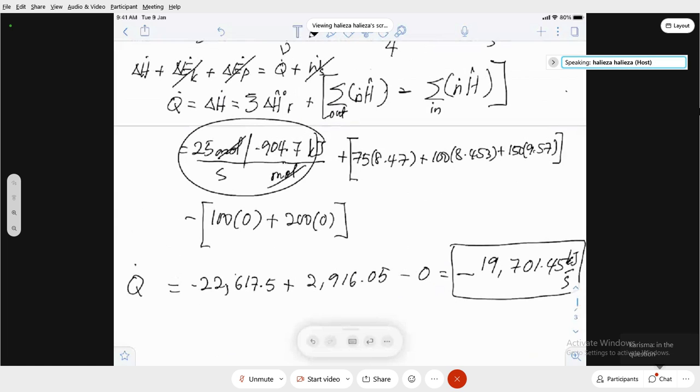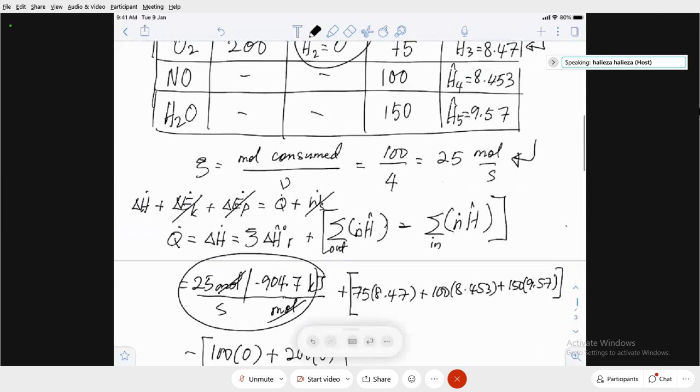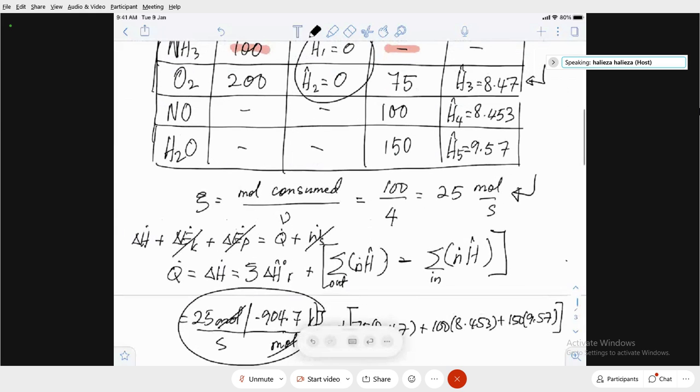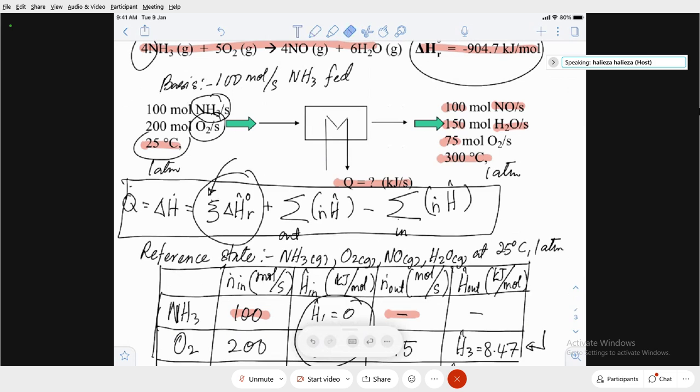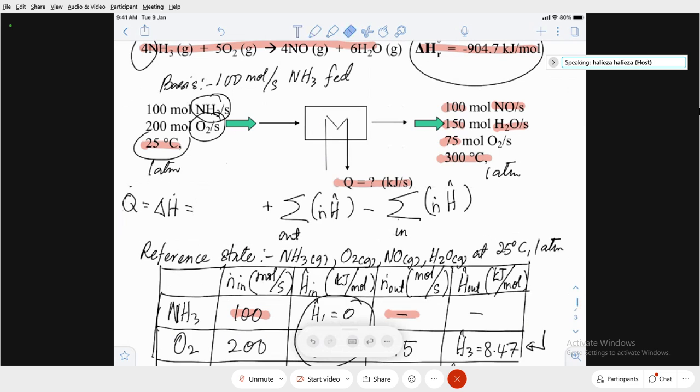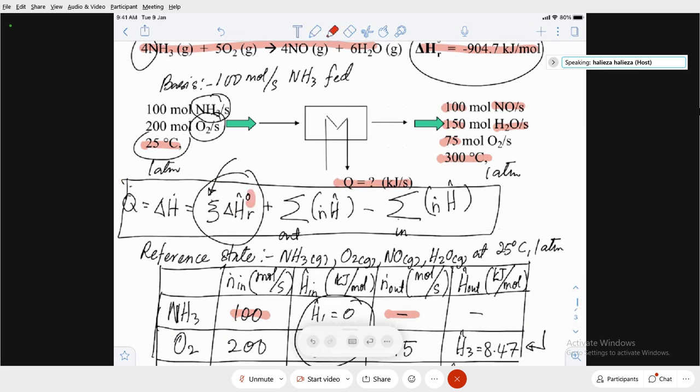What's the difference between before, without reaction, and after, with reaction? The difference is only this part. That's the part that is different if you have reaction. The one previously, without reaction, is just out minus in.